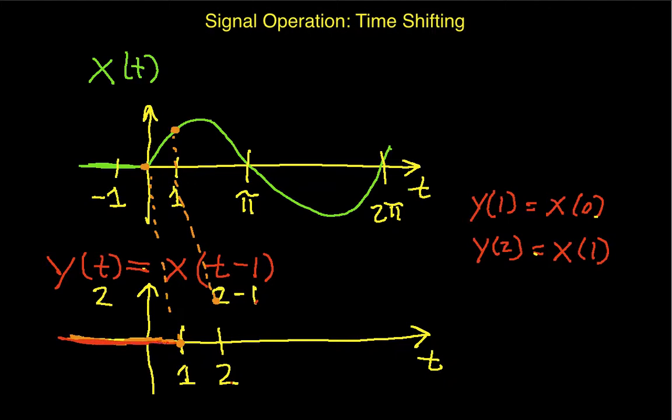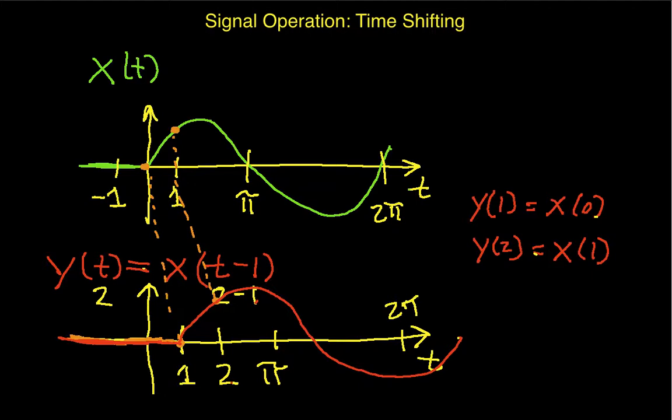Okay, so red, y of t looks something like this, where my art here is not very good today. So that's pi, that's 2 pi. And if I've drawn this correctly, what I've done is I've taken x of t and shifted it 1 unit to the right.